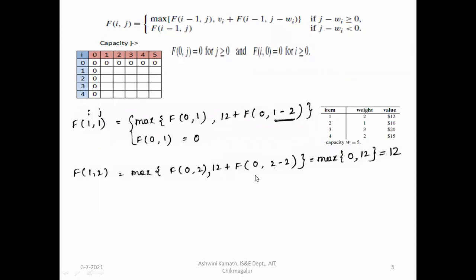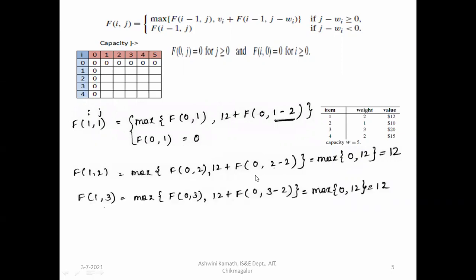What is 0 0? 0 0 value is 0. So 12 plus 0. Maximum of 0 comma 12. What is f of 0 2? 0 2 is also 0, and f of 0 0 is also 0. So 0 comma 12 plus 0, which is equal to 12. Maximum among these two is 12. So that will be the value for f of 1 comma 2.